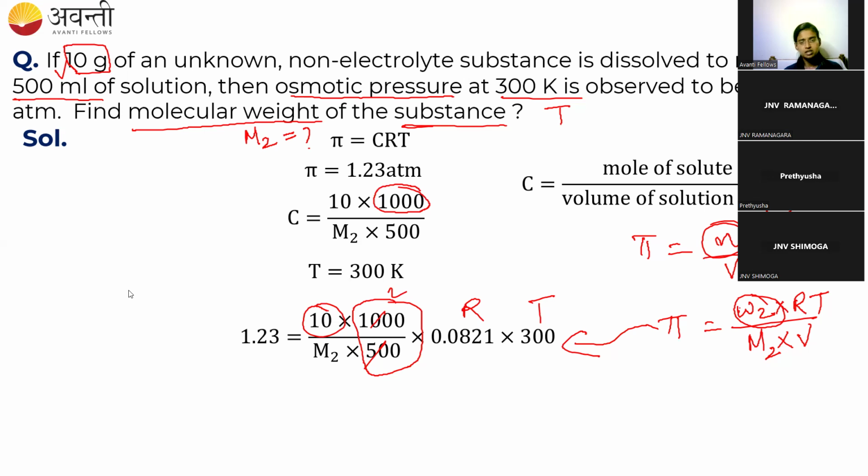Do the multiplication and division and check whether you are getting 400.48 gram per mole as the answer. It is a direct substitution. You don't have to worry about the concepts. Only one formula is being used and the rest is multiplication and division. So that is the first question.